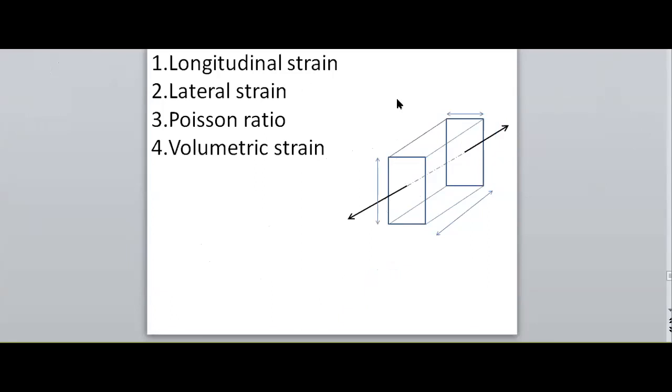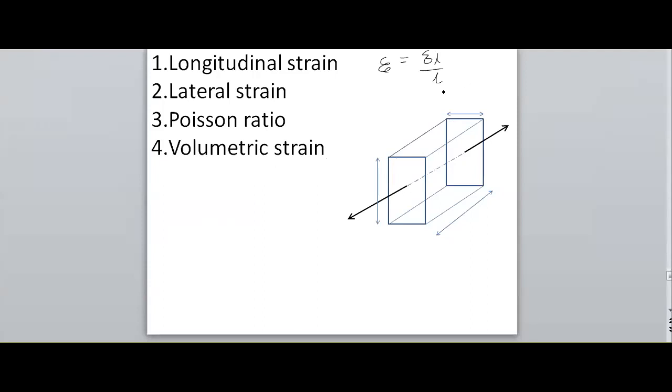So what is a longitudinal strain? We have studied that longitudinal strain, small e, is equal to change of length by original length.